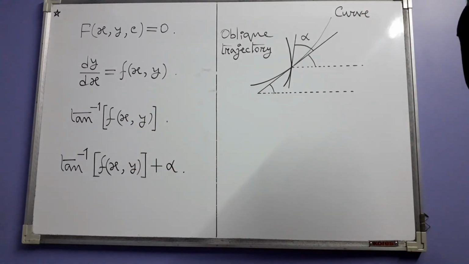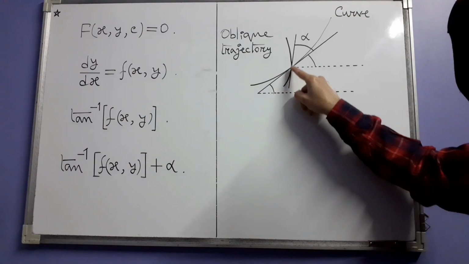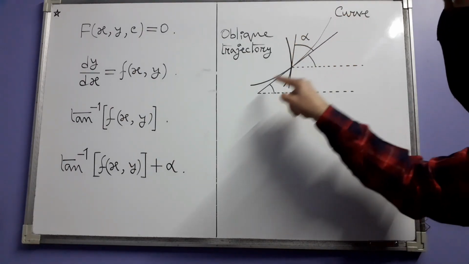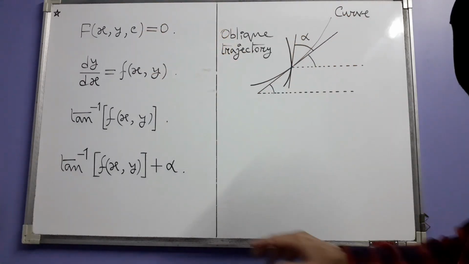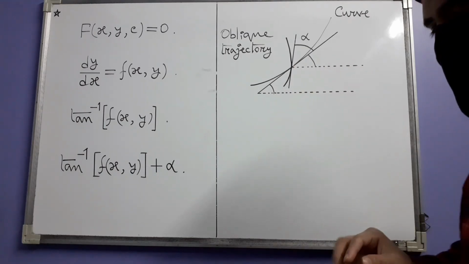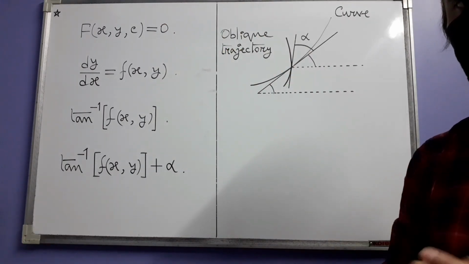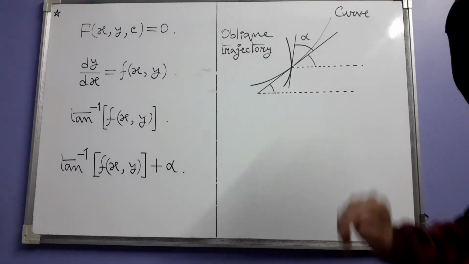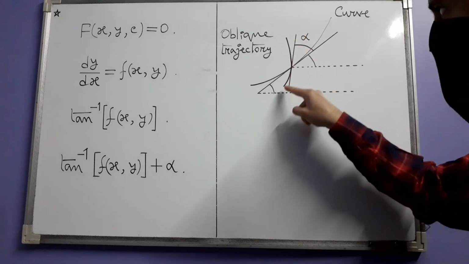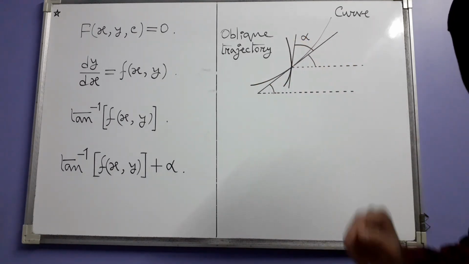Okay. And this is an oblique trajectory to this curve, to this family actually, and wherever it intersects any member of this family, it makes an angle alpha with that member. So the angle between this oblique trajectory and the curve is alpha.